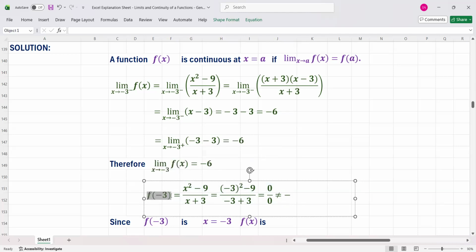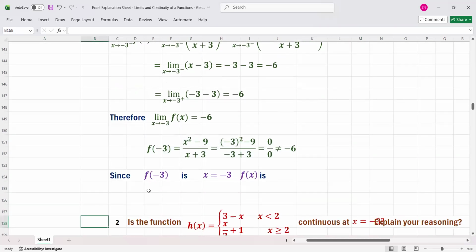f of a should be equal to the limit as x approaches a. So when we did the limit as x approaches negative 3, we got negative 6. But when we substitute negative 3 into the function, we got 0 over 0, and it's not equal to the negative 6 we got. So since f of negative 3 is not equal to the limit as x approaches negative 3, we will say that this function is not continuous.